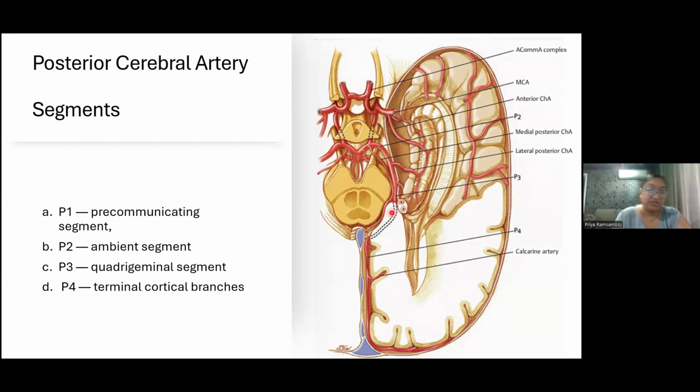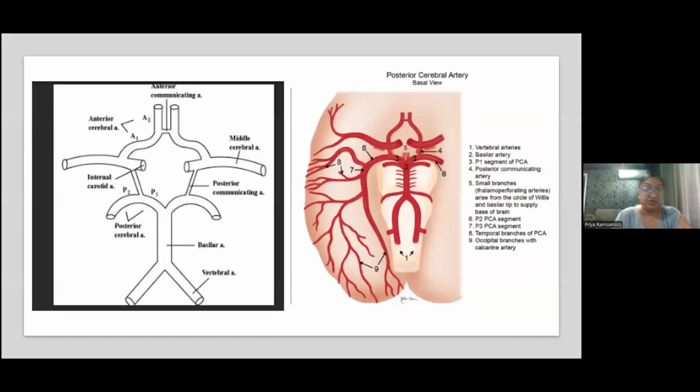So here is P3, and it ends at the anterior limit of the calcarine fissure. And then P4 comes down as your terminal cortical branches. Pre-communicating, ambient segment, quadrigeminal segment, and terminal cortical branches of your posterior cerebral artery.